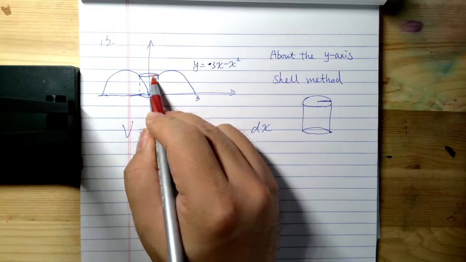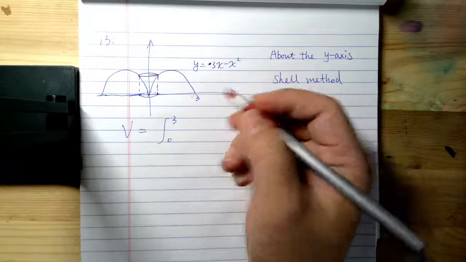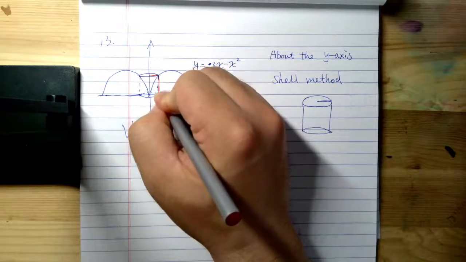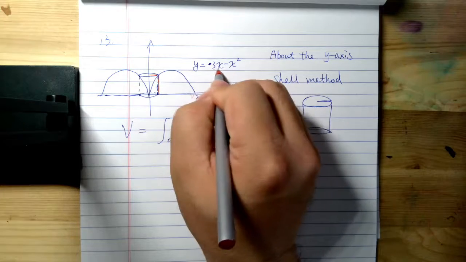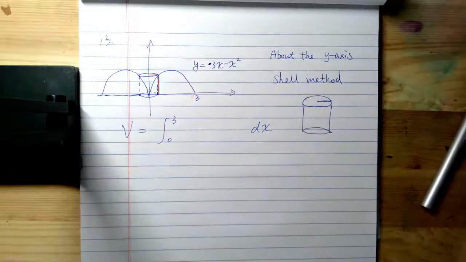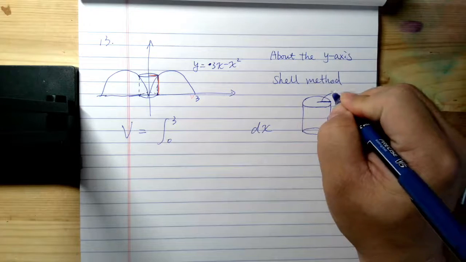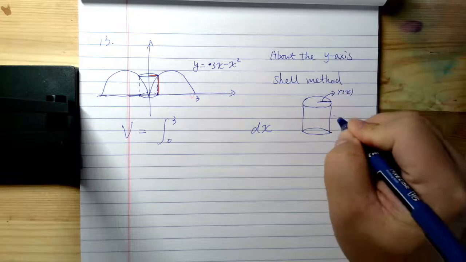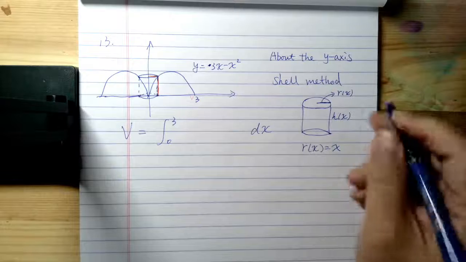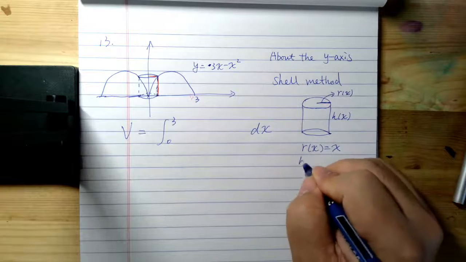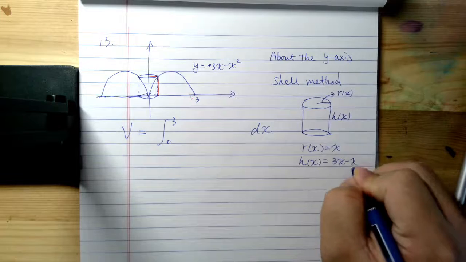As x is moving larger or smaller, the corresponding y, the height, is exactly the y for this point, which is 3x minus x squared. So this is R(x), this is h(x). The radius in this problem is exactly x, and the height is y in terms of x, which is 3x minus x squared.